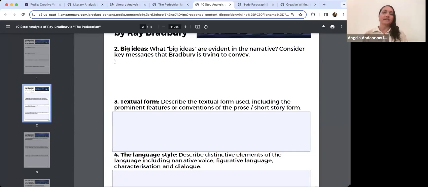That's a real threat to humanity. And I think this is a big idea that Bradbury is trying to convey to us. It is the dangers, I'm going to put this down here, of authorities seizing technology as a vehicle for social control and manipulation.